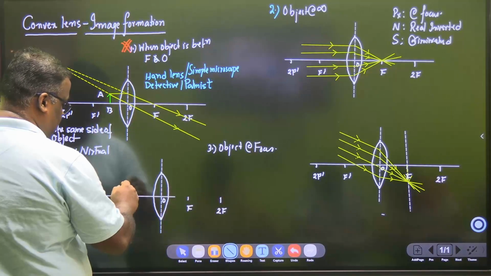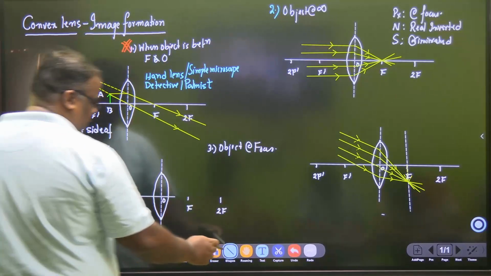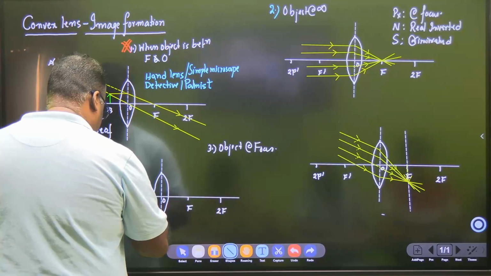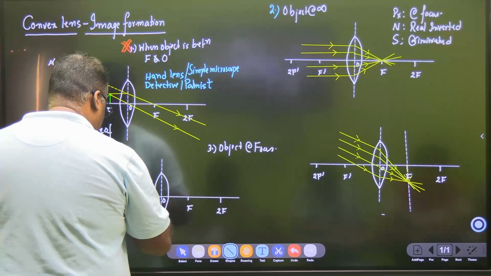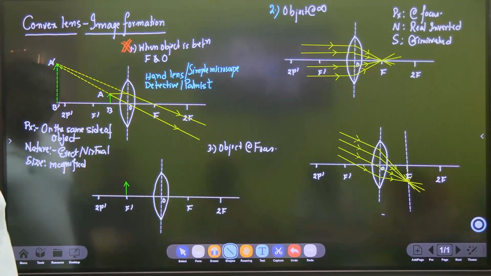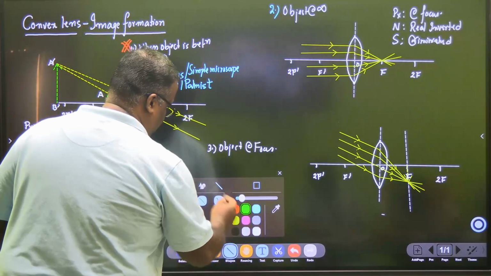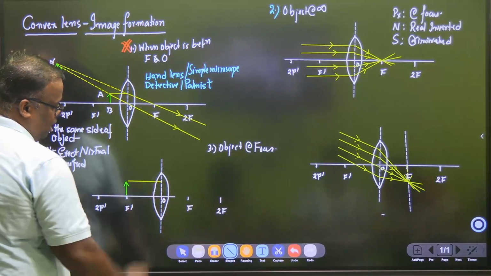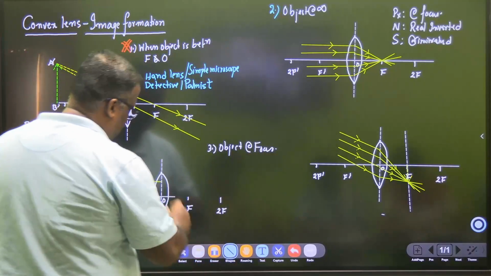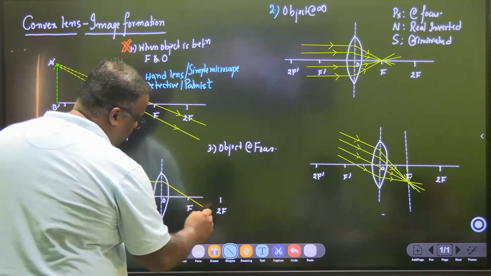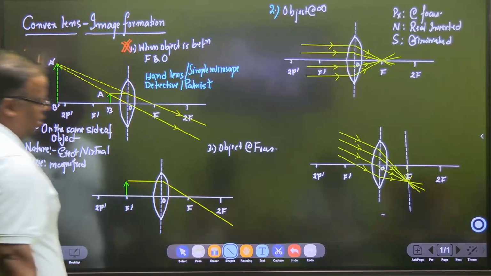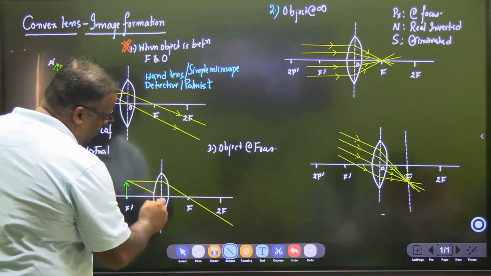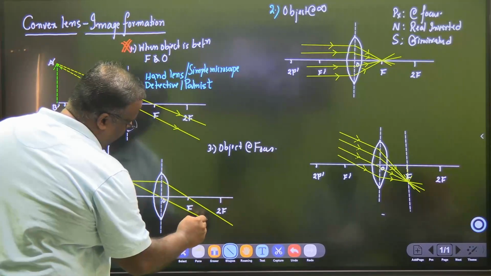A ray parallel to the principal axis passes through the focus. And a ray through the optical center goes undeflected.